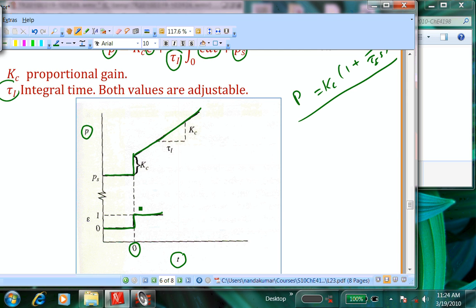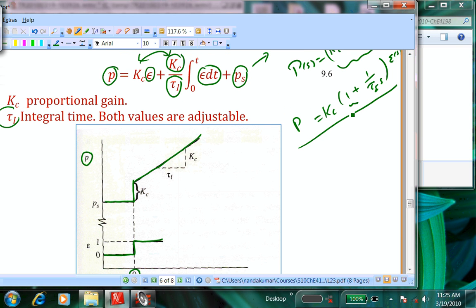Immediately the proportional part says, I'm going to send it, because this is the first part here. Okay, this part, Kc times error. So there is a constant error, and so the pressure immediately jumps to this. If you didn't have an integral action, how will the response of the pressure be after that? It will be just like this. Right? This is without integral action.